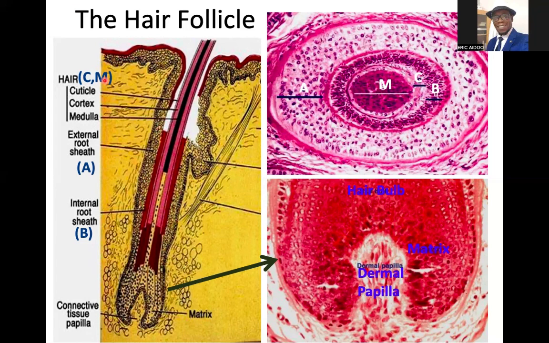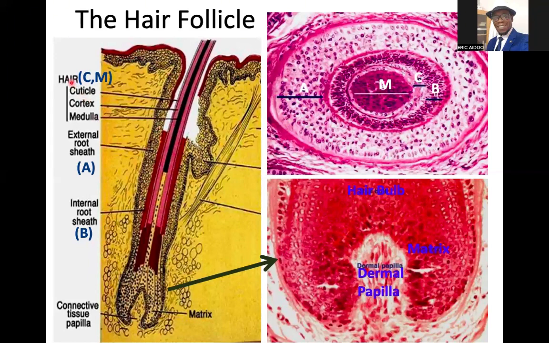So A will be the most superficial layer, external root sheath. Then we go to B, which is the internal root sheath. So let's correspond that to here, the A and then B. So A is external root sheath. Then this is B, which is internal root sheath.